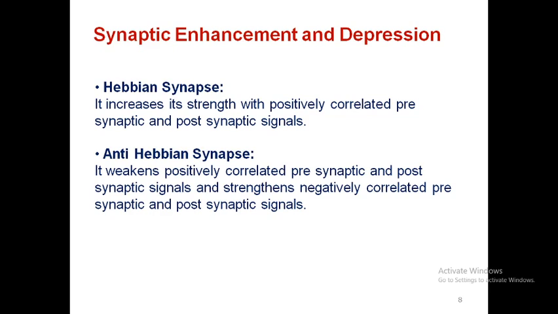It weakens the positively correlated presynaptic and postsynaptic signals and strengthens the negatively correlated ones. It is quite the opposite of the Hebbian synapse. If it is positively correlated, in the Hebbian synapse it will strengthen. But here in the anti-Hebbian synapse, if it is positively correlated, then it weakens.